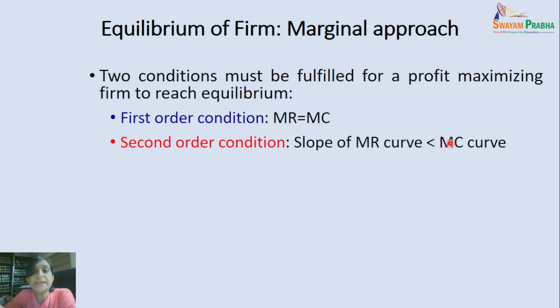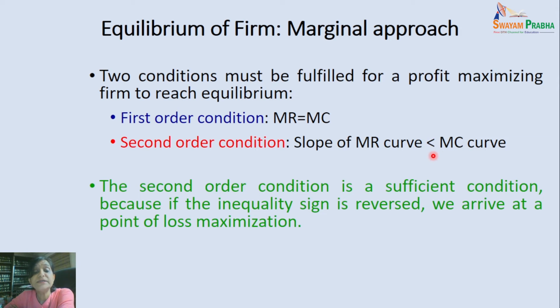So you say this is the point where marginal revenue is equal to marginal cost. But is it the only condition? No. The second condition says that once you find the point where marginal revenue becomes equal to marginal cost, your marginal cost curve should start rising, or the slope of your marginal revenue curve should be less than the slope of the marginal cost curve.